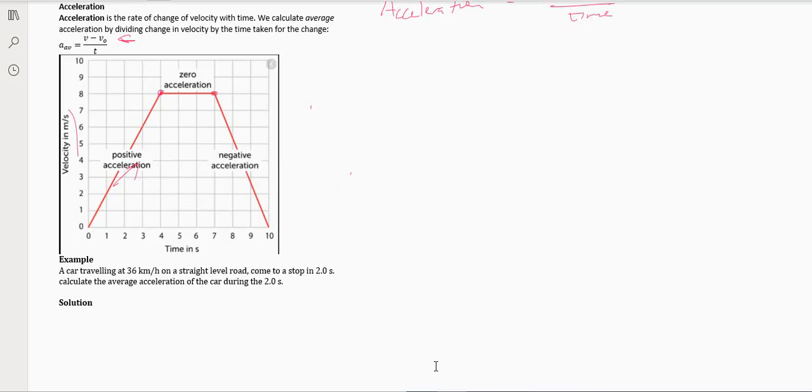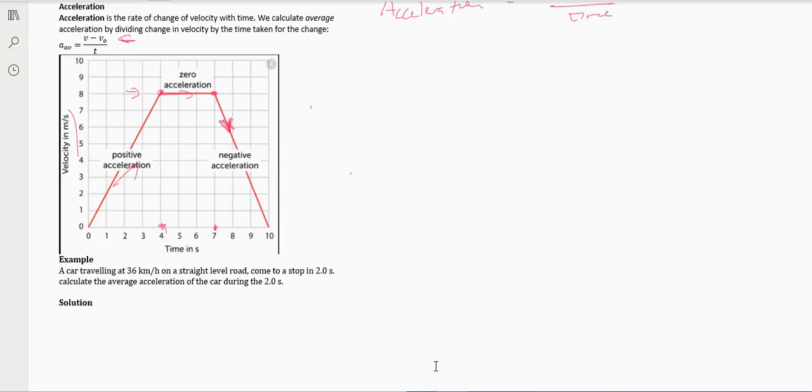Whenever your velocity is at a constant rate, in this case where our velocity is 8 meters per second for a time period of let's say 3 seconds, from 4 to 7, the car or whoever is not accelerating, but is actually moving steady, or we would say constant velocity.